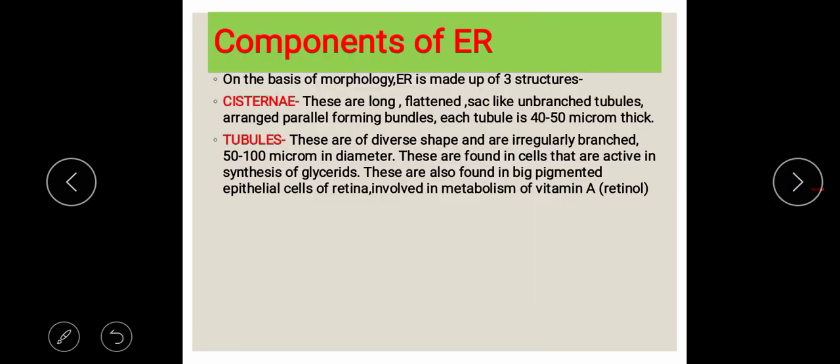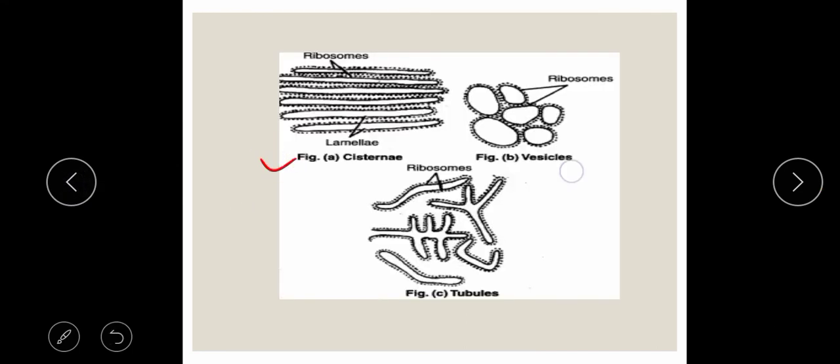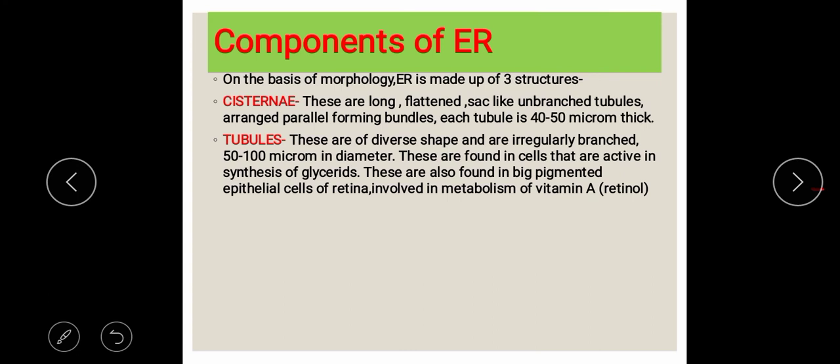So, the components of the ER. ER is made up of three components: cisternae, tubules, and vesicles. Here are the cisternae, vesicles, and tubules. About cisternae: these are long, flattened, sac-like, unbranched tubules arranged parallel, forming bundles.